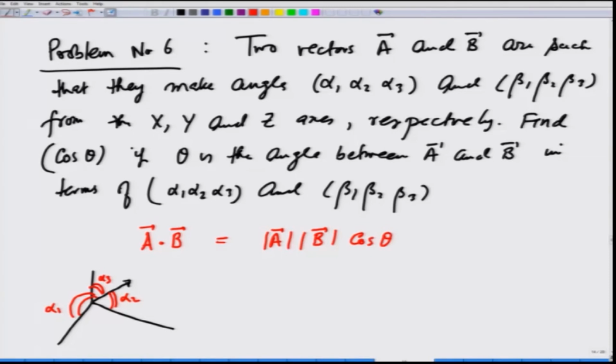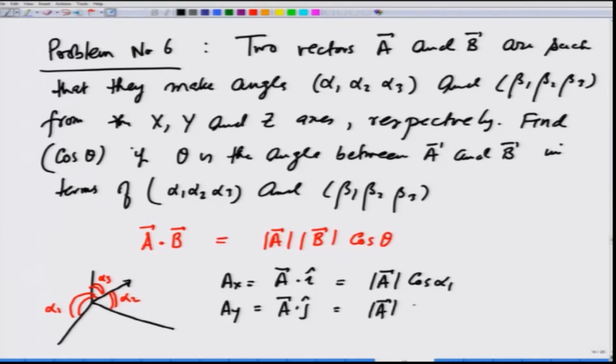So, you can see that the x component of A is going to be A dot I, which is going to be magnitude of A cosine of alpha 1. Y component of A is going to be A dot j, which is going to be magnitude of A cosine of alpha 2, and z component of A is going to be A dot k, which is going to be magnitude of A cosine of alpha 3.